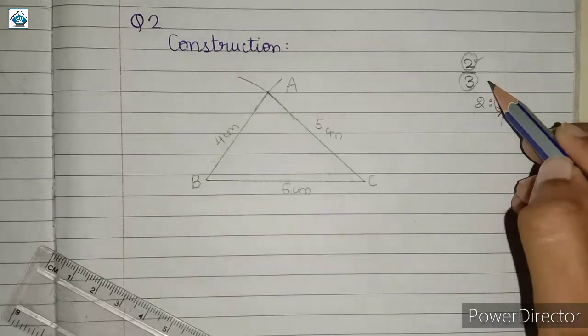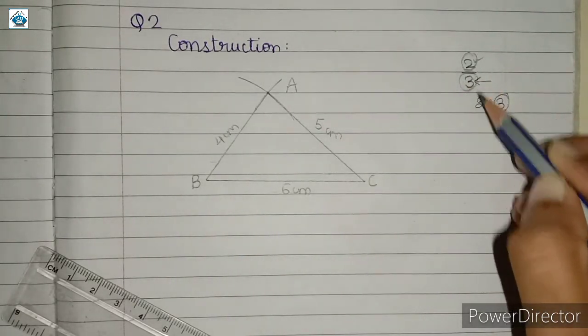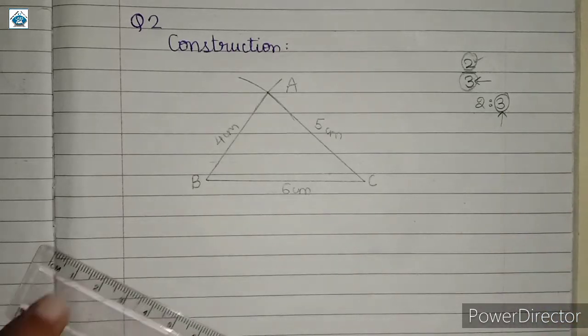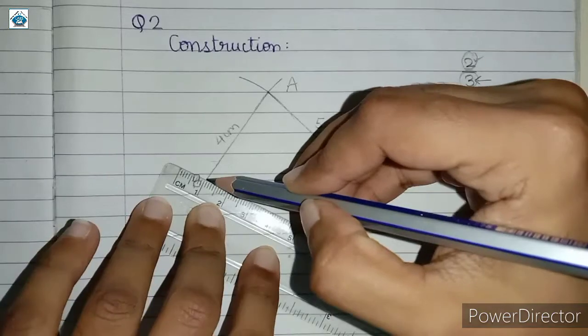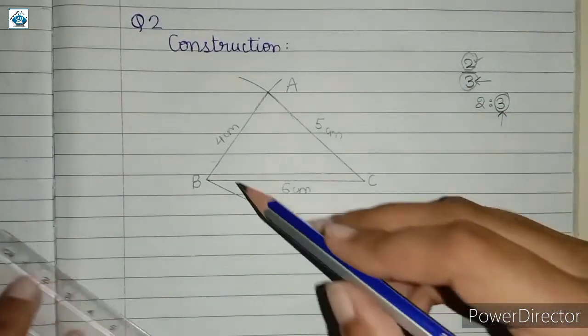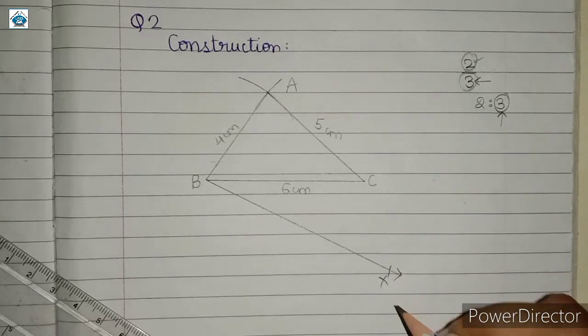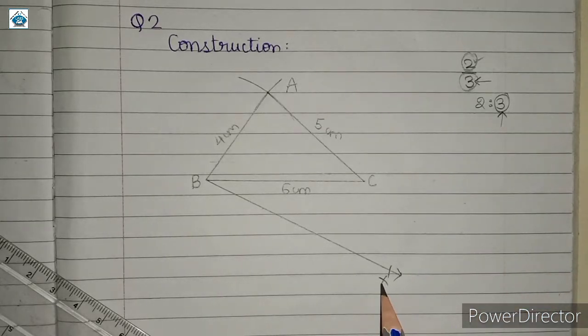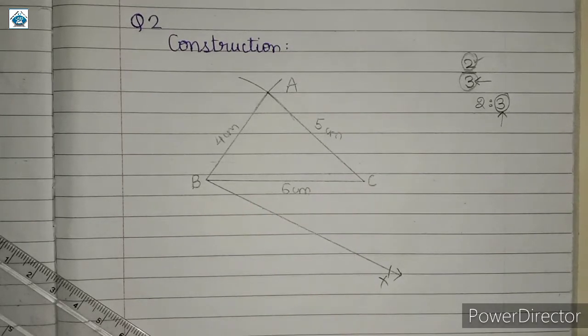The greater number is 3. So, we will have to make 3 divisions on a ray which we drew, making an acute angle with BC. So, here we have constructed a ray BX making an acute angle with side BC.